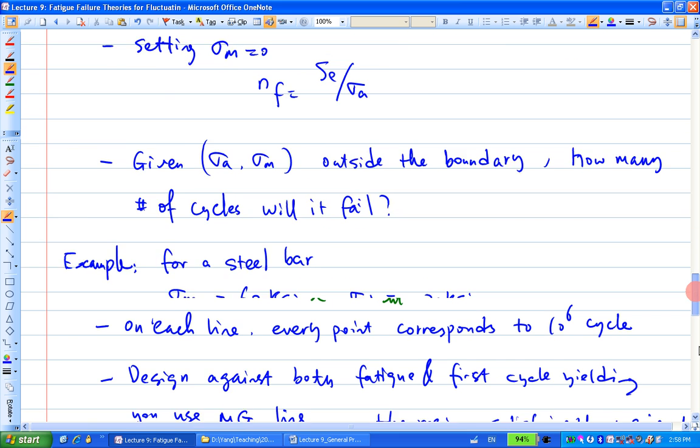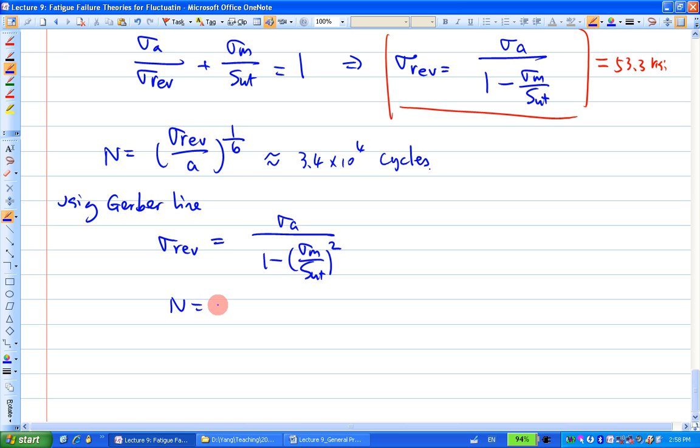So if I calculate this number, that number is supposed to be greater than this one here. So the results prove itself. Pretty close to 10 to the power 6. So that basically tells you the Goodman is a bit conservative here.